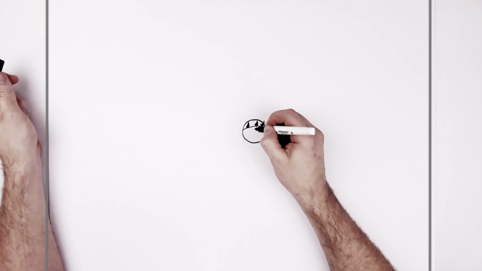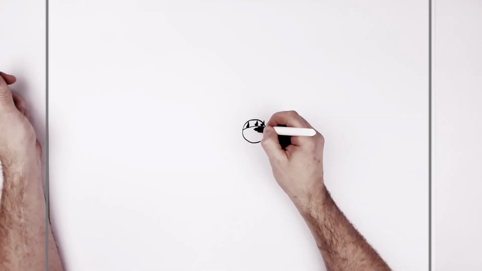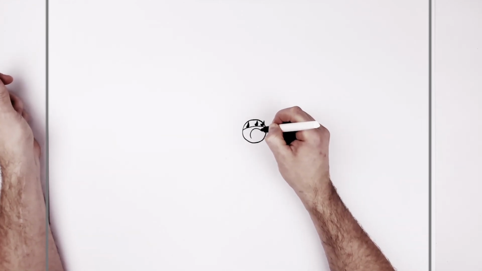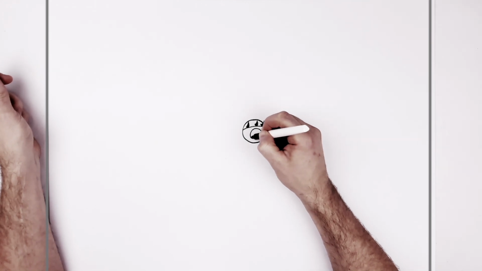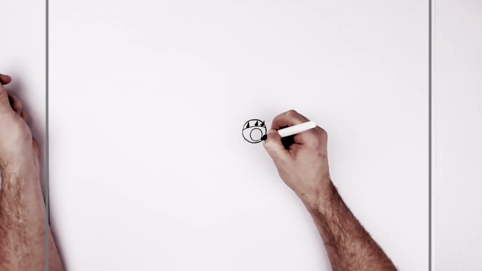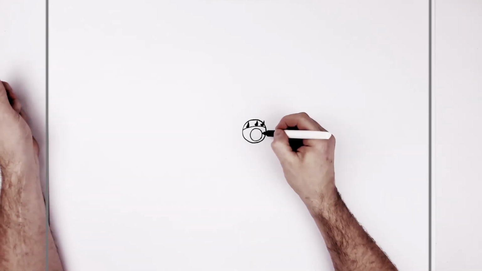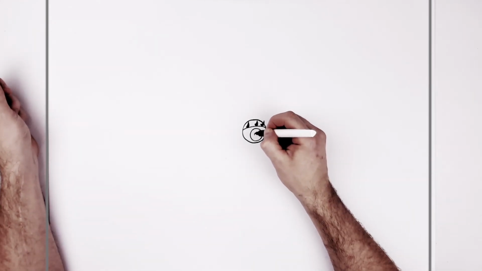So, purple eye. And then pupil. Doesn't have to be in the middle because it's got this zombie-like stare in its eyes. So it doesn't have to be perfectly in the middle. It can be a bit weird looking.